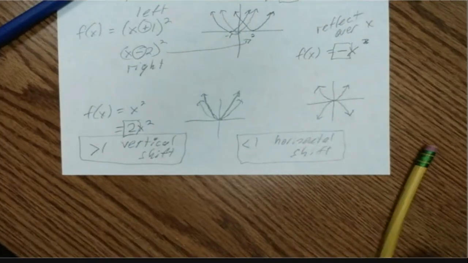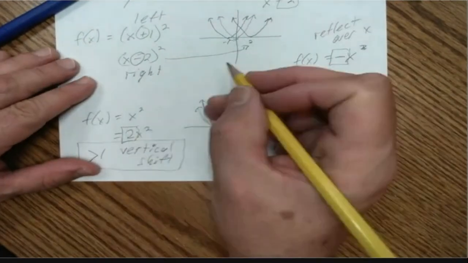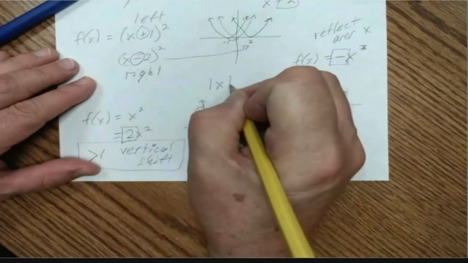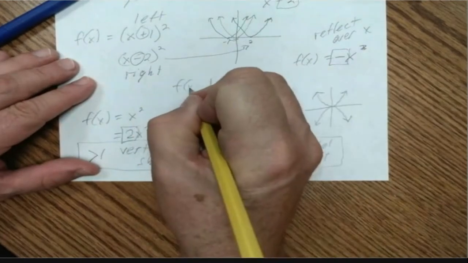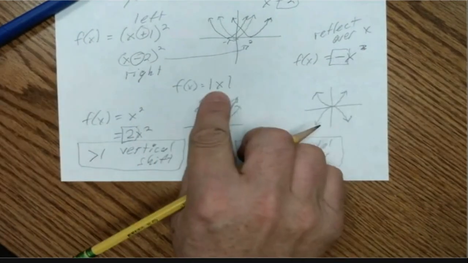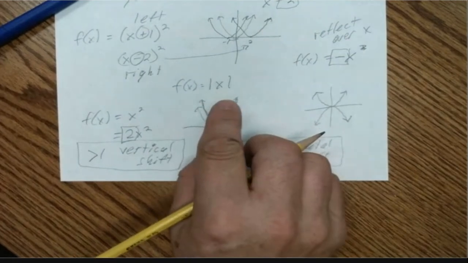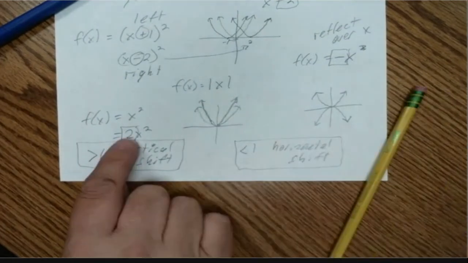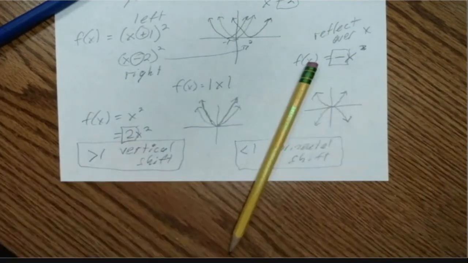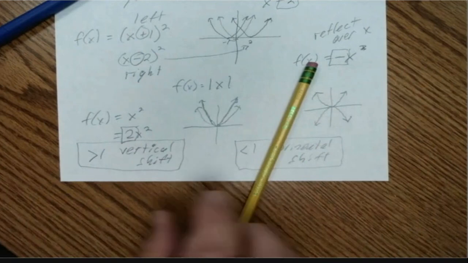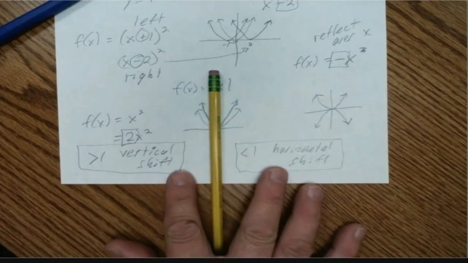And that can be true if it's x squared, if it's an absolute value function, it would do the same thing. It would do the same thing with just a linear function. Any coefficient on that first term is going to cause either a vertical or horizontal shift.